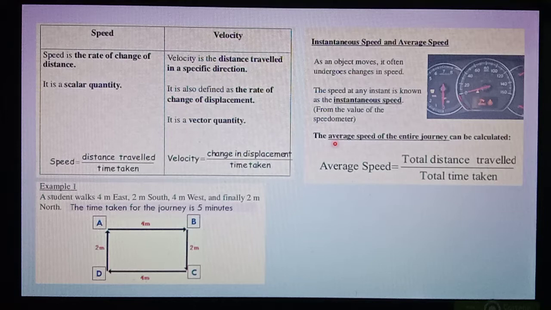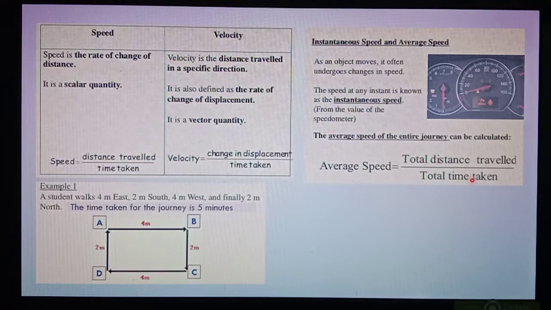When we talk about the speed of the entire journey, that one we call average speed. So average speed we can determine by using this formula: total distance traveled divided by total time taken. If you want to calculate average velocity, meaning total displacement divided by total time taken.